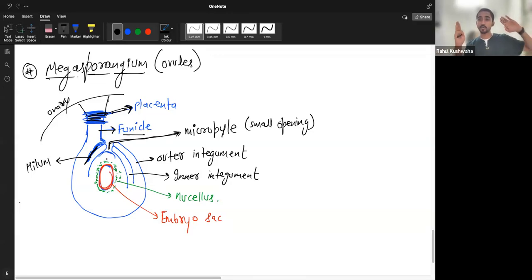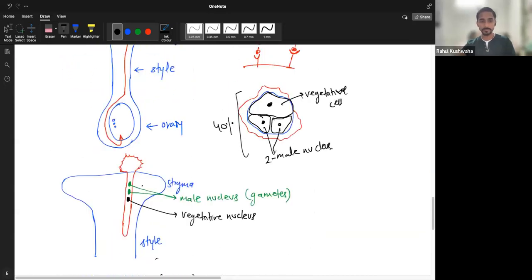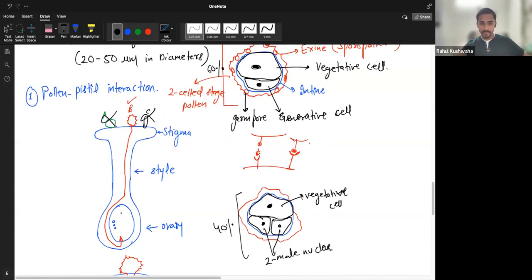And now let's connect two things together. From the top, pollen was making a tube, like our protagonist hero of Shawshank Redemption, who is making a tunnel. And I told you that this tunnel does not enter the embryo sac from the top, it enters from the bottom.